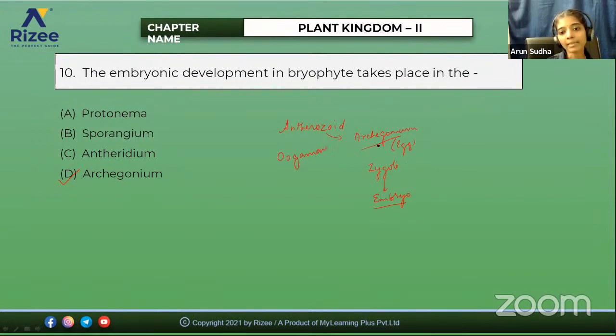Because this is static inside the Archegonium, this is happening, and the antherozoid is mobile, so it is entering the Archegonium. So, is it clear? Yeah. So with this, we have completed the Bryophytes. Any doubts?